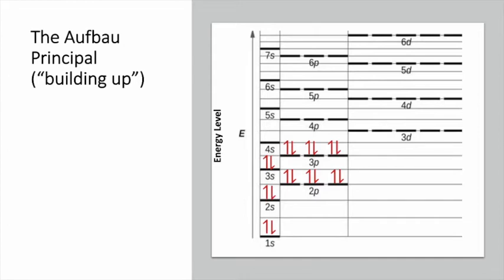So we put our electrons in 4s before we put them in 3d. Then 4p, and then we go to 5s before we go to 4d, and that just has to do with how these energy levels are with respect to each other. We go from lowest energy to highest energy.